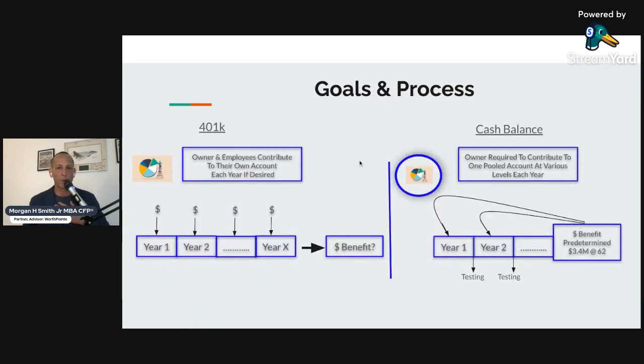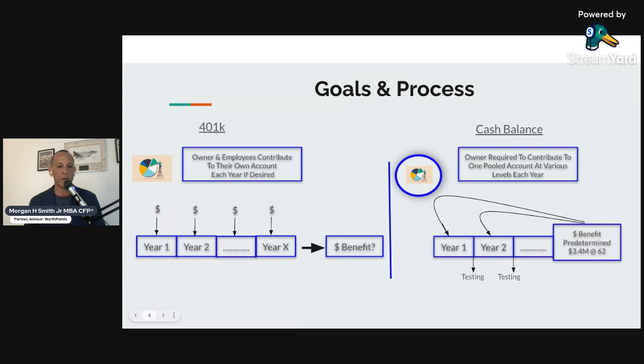So let's look a little bit more into the goals and process, which vary significantly between a 401k and a cash balance plan. Again, in a 401k, the owner and employees, or you could just say participants, contribute to their own account each year if desired, up to the defined contribution amounts that year. So in year one, the eligible employees or participants contribute.